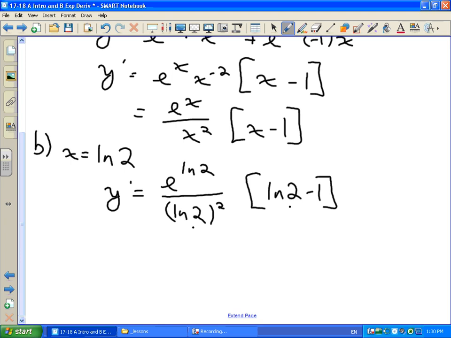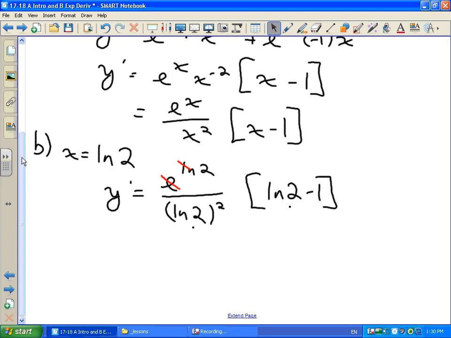The one piece of simplification that we're going to do here is we have e, our natural base, and then in our exponent we have a natural logarithm. So anytime you have an exponent with some base, and up in the exponent you have the logarithm of the same base, base e in both cases here, you can think of those two things as canceling each other out.